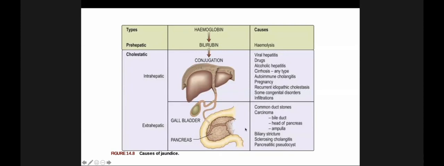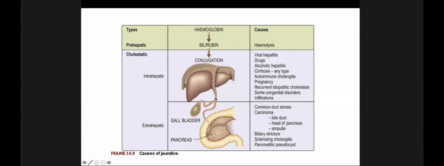And then extrahepatic, in the biliary system, you can have a variety of causes. We did a more detailed breakdown of the differentials before, but just to recap, stones in the common bile duct. Stones in the cystic duct will not cause jaundice because there's a clear pathway for the bile to flow. For there to be jaundice, the obstruction should be in the common duct.